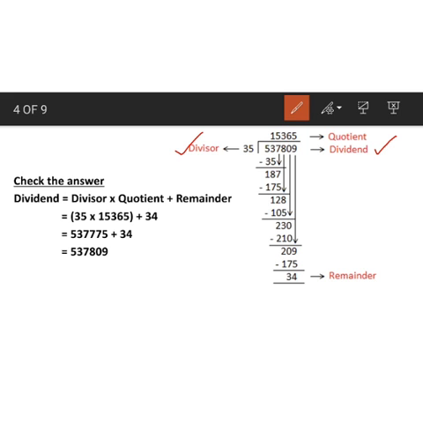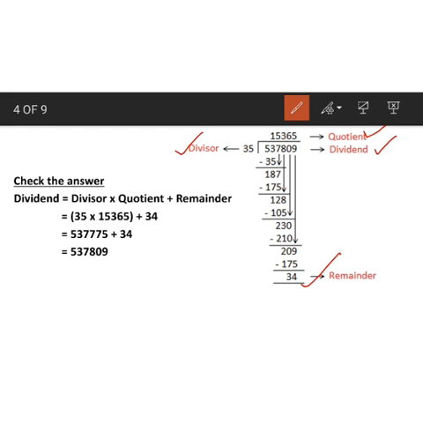Here 35 will go in 5,37,809 for how many times? 15,365 times. And what is the remainder? It is 34. Quotient is 15,365. Now, once we have completed the division, how do we check the answer?